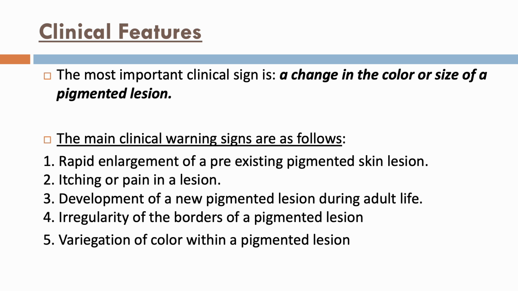The main clinical warning signs are as follows. 1. Rapid enlargement of a pre-existing pigmented skin lesion. 2. Itching or pain in a lesion. 3. Development of a new pigmented lesion during adult life. 4. Irregularity of the borders of a pigmented lesion. And 5. Variegation of color within a pigmented lesion.